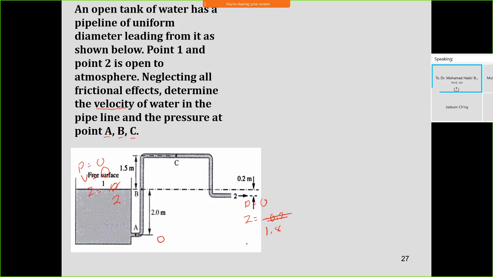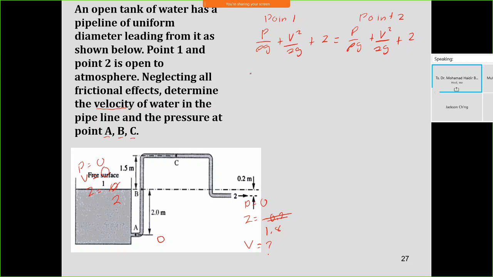Okay, velocity. We don't know it, but this is what we're searching for now. Start with point 1 and point 2. Point 1: P over rho g plus v square over 2g plus z equals P over rho g plus v square over 2g plus z for point 2.